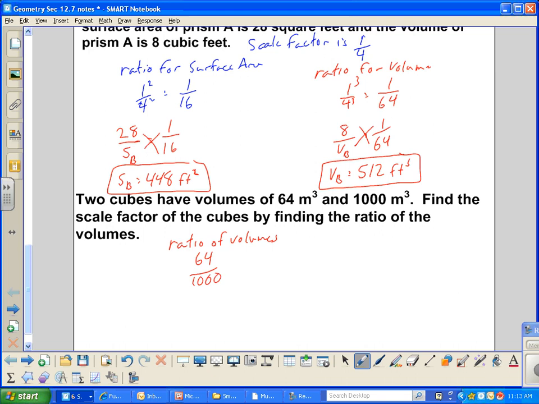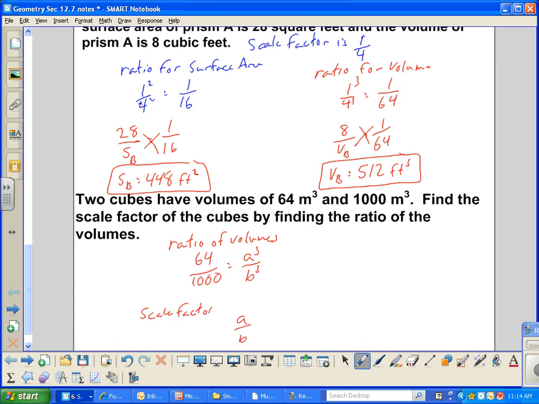And since we're trying to go back to the scale factor, we know that the volumes are in the format of A cubed over B cubed. Right? And the scale factor should be A over B, right?